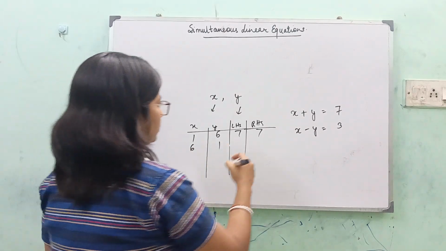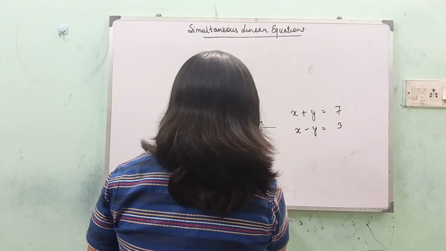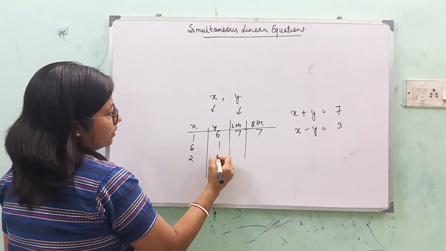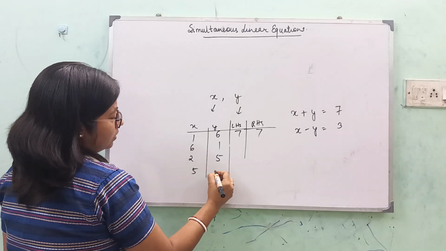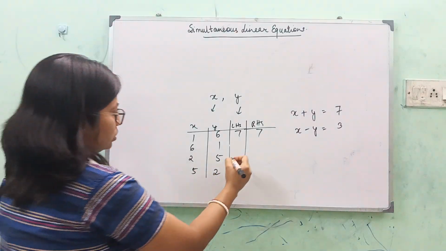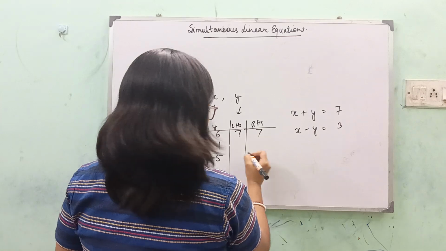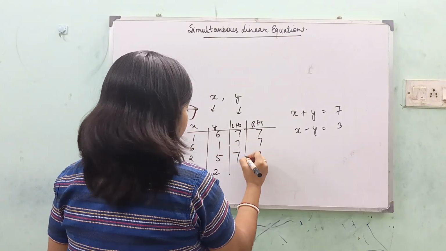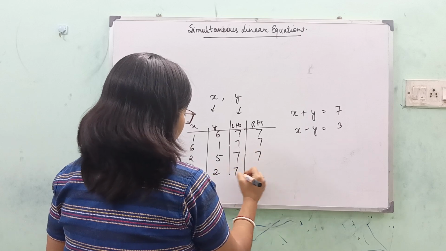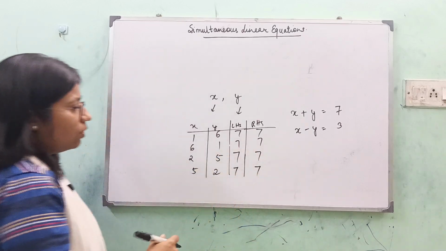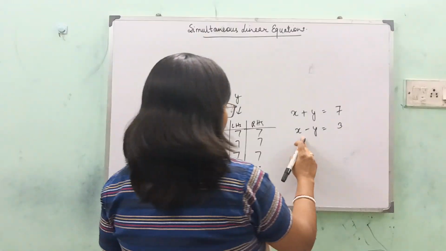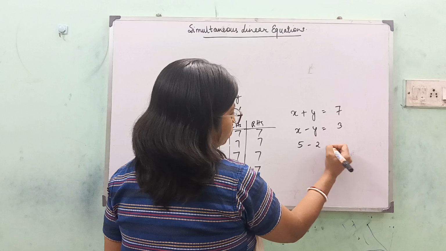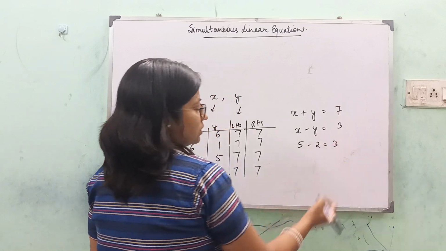What are the other values we can get? Say 2 and 5, and 5 and 2. So 2 plus 5 is 7, and the right hand side is also 7. Now you see here, if we put the values 5 and 2 in the second equation, 5 minus 2 is equal to 3, which is the same.